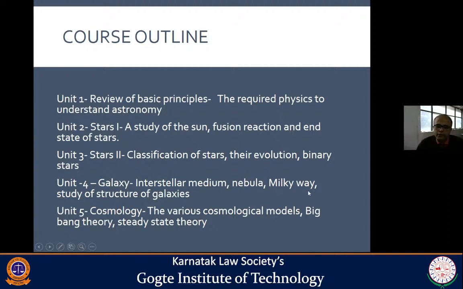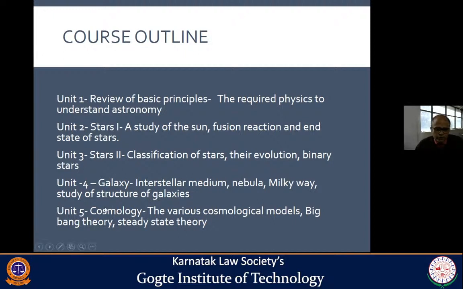So we'll look at some aspects of the Milky Way, but we also look at the structure of galaxies. The Milky Way is one galaxy, but there are many galaxies which have different structures. We'll look at how the structure of galaxies happens, and we'll also look at the magnetic fields that are produced in these galaxies, and how the magnetic field influences the motion of the cosmic rays.